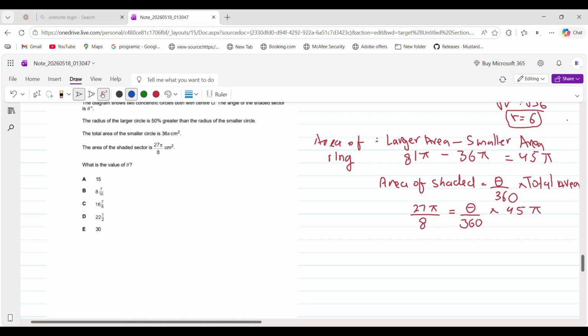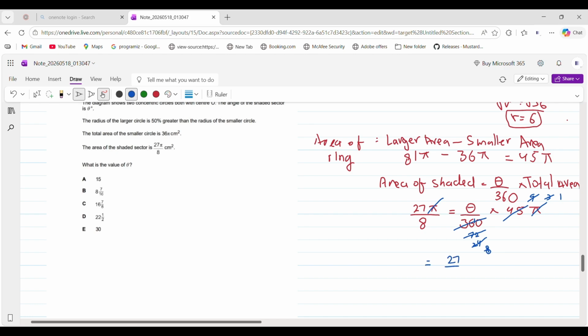Now see, 5 9s are 45, and 5 7s are 35, and so on, and pi cancels with this pi.